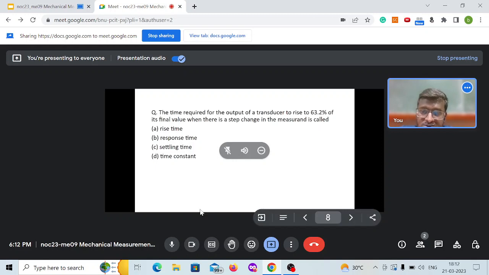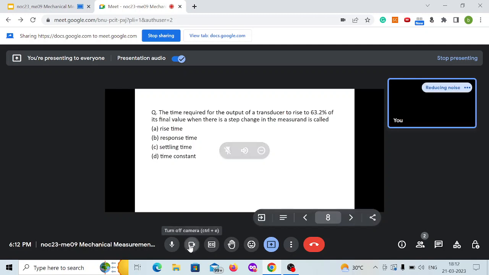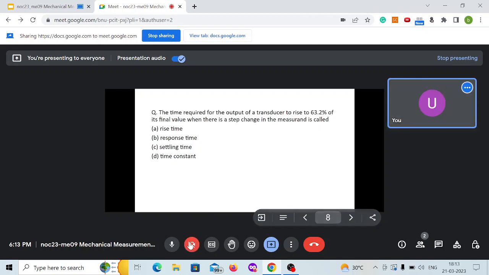So the question is the time required for the output of a transducer to rise to 63.2% of its final value when there is a step change in the measurand is called A, rise time, B, response time, C, settling time, and D, time constant. So the answer for this is D, time constant.